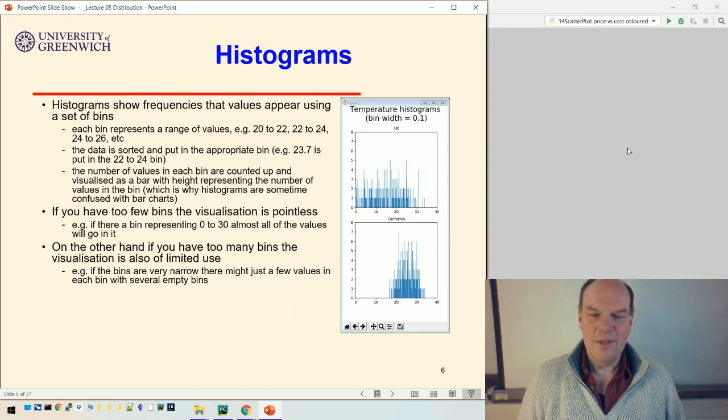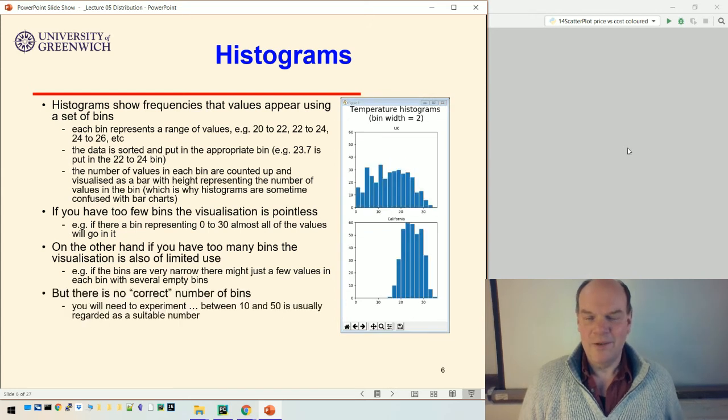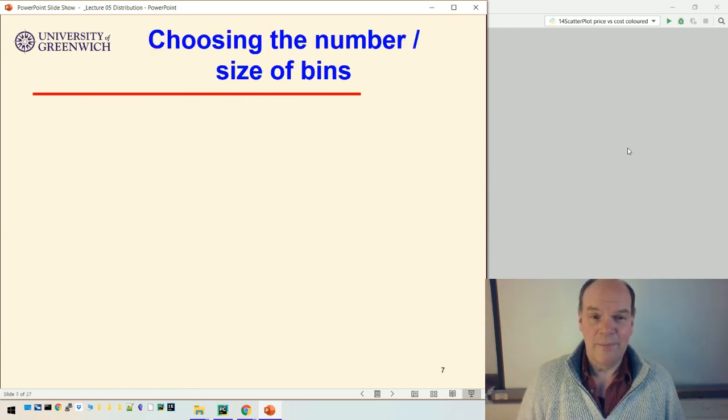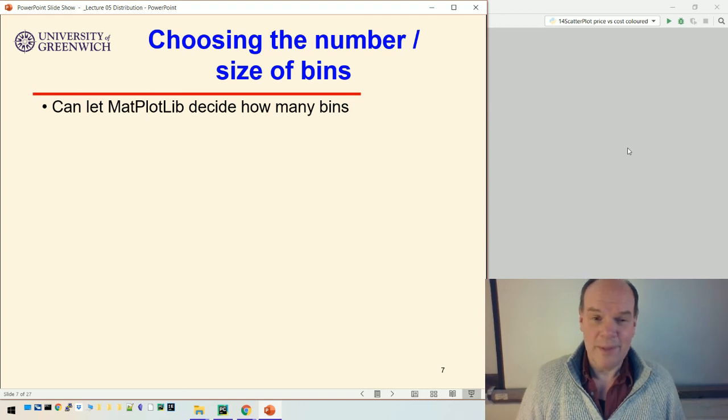So choosing the number of bins is important, but there's no correct number, and usually you need to experiment to determine what's appropriate for your data. Usually you don't want too many or too few, and somewhere between 10 and 50 is a good number.